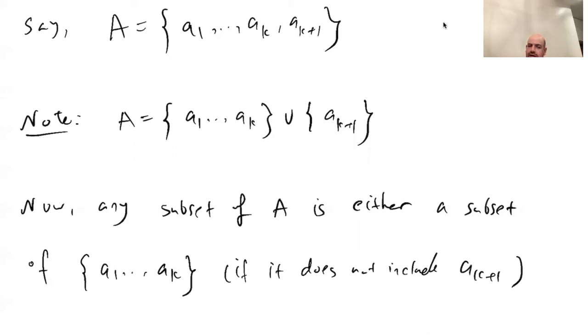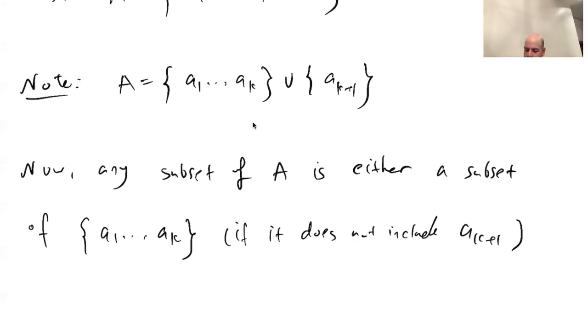So any subset of A either doesn't have AK plus 1, in that case it will be a subset of this set here, or it has AK plus 1. If it has AK plus 1, once I remove AK plus 1 from that set, again I'll get a subset of A1 to AK, right?